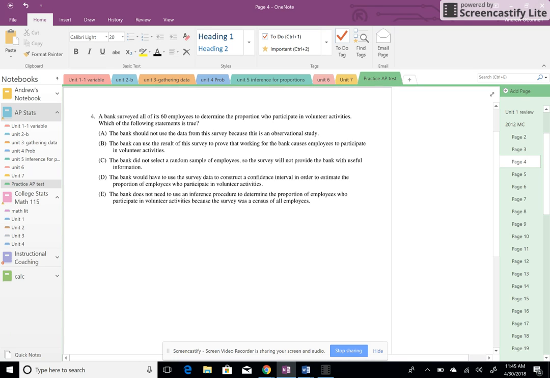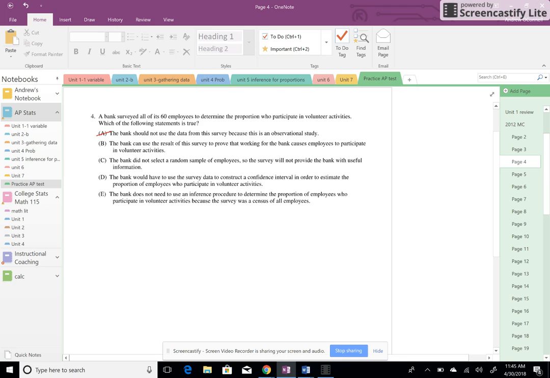A bank surveyed all 60 of its employees to determine the proportion who participate in volunteer activities. Which is true? The bank should not use the data because this is an observational study. First of all, observational studies can be useful. You could get data from this, so I'm going to eliminate this. And I don't think that was actually an observational study.